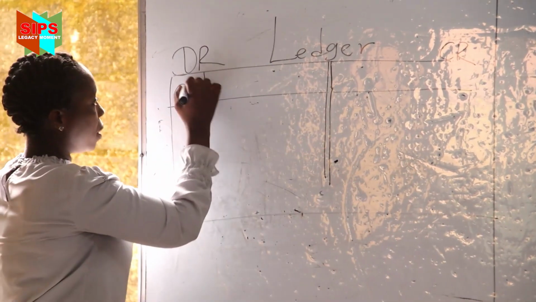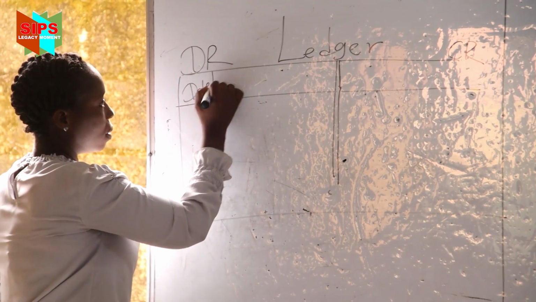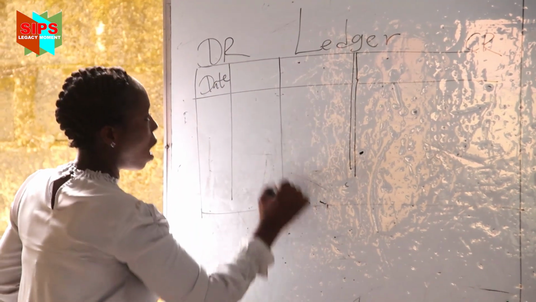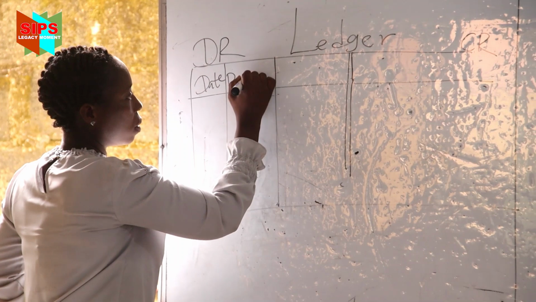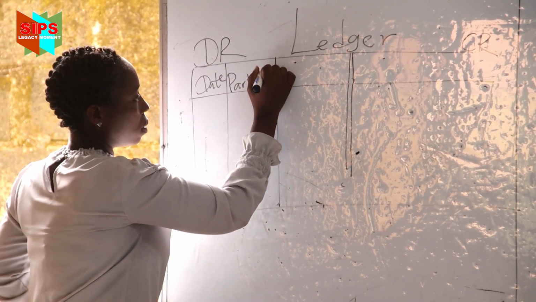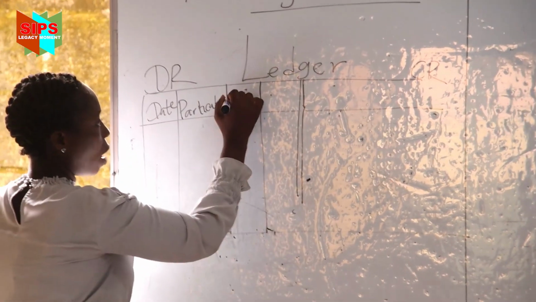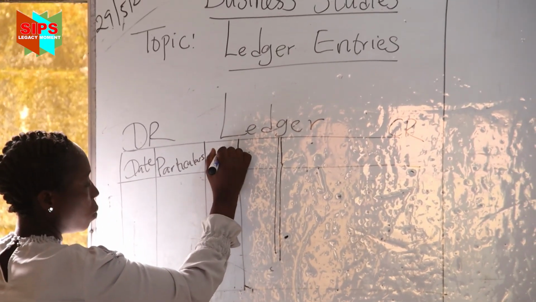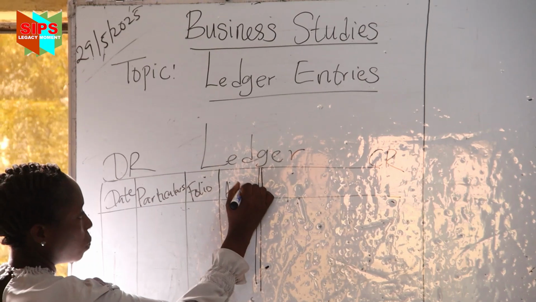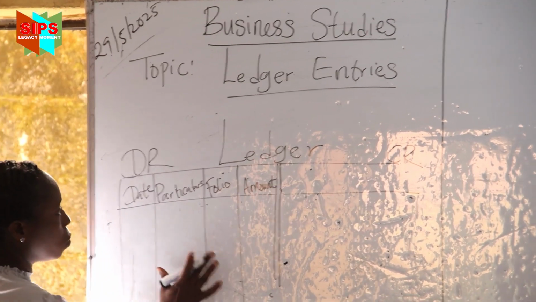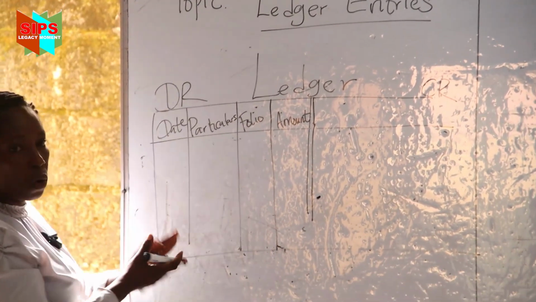So you have a date, you have particulars, then you have your folio, then amount. So these are the details of every ledger.